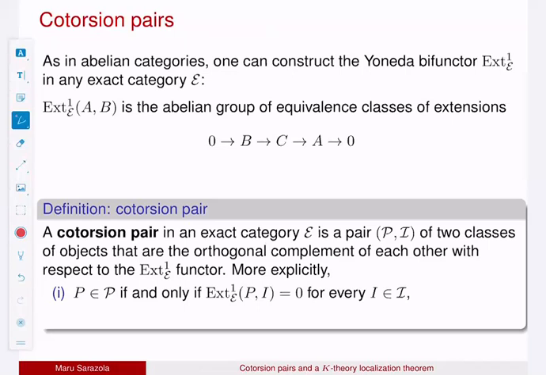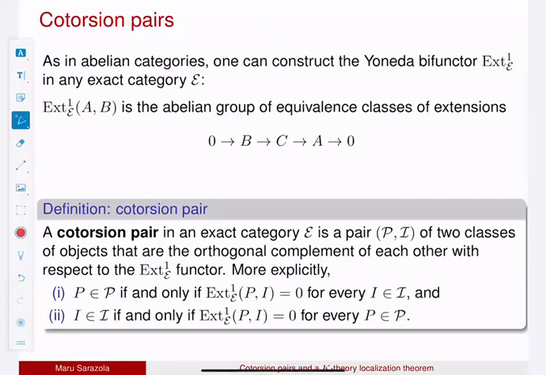So you get 0 for every I in I. Note that we're saying that the things in P have to make all the things in I vanish. But since this is an if and only if, we're also saying anything that makes all the things in I vanish has to be in P. So there's a maximality condition hidden here. And similarly, something belongs to the class I if and only if it makes everything in the class P vanish when we apply the Ext^1 functor.